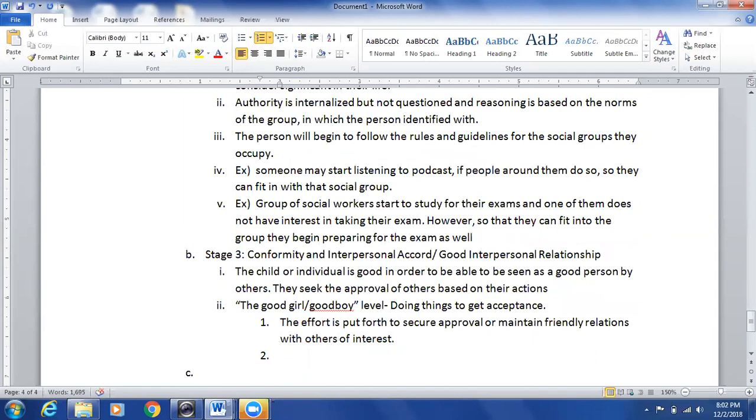So they wouldn't do behaviors that would be looked down upon. An example would be: stealing is bad, and if I steal, people will consider me a bad person.